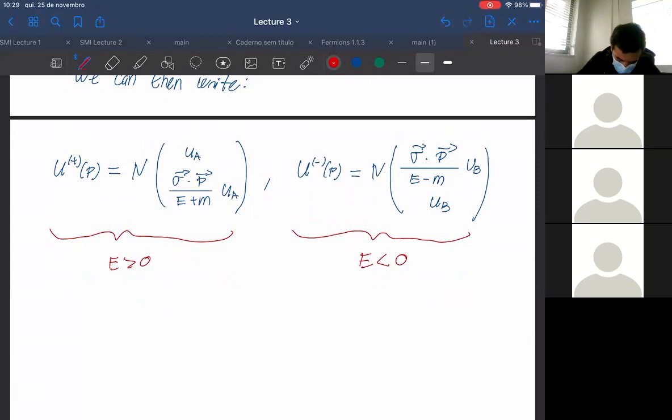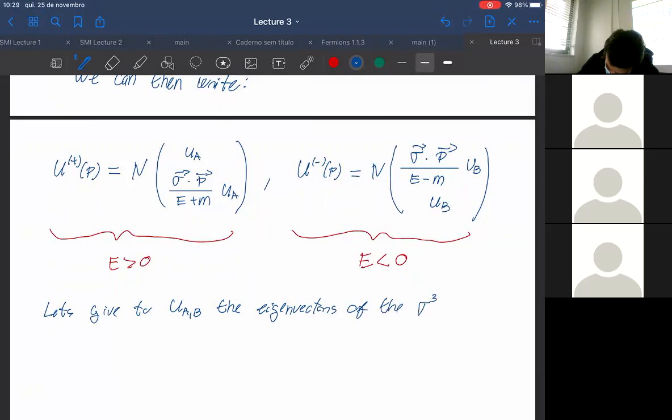The most convenient way is to attribute to uA and uB the eigenvectors of the sigma 3 Pauli matrix, that is, (1, 0) and (0, 1).